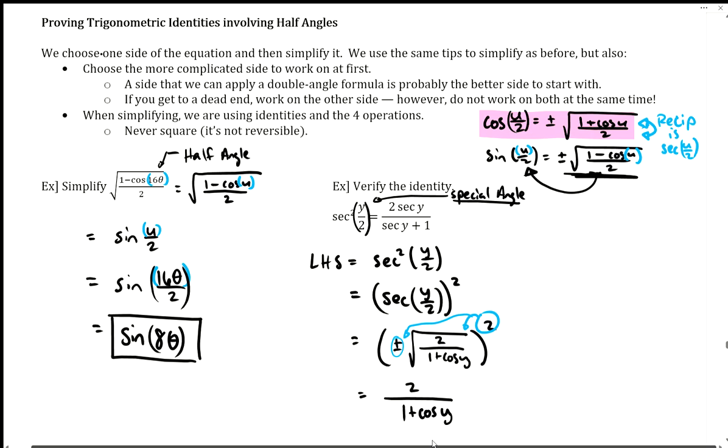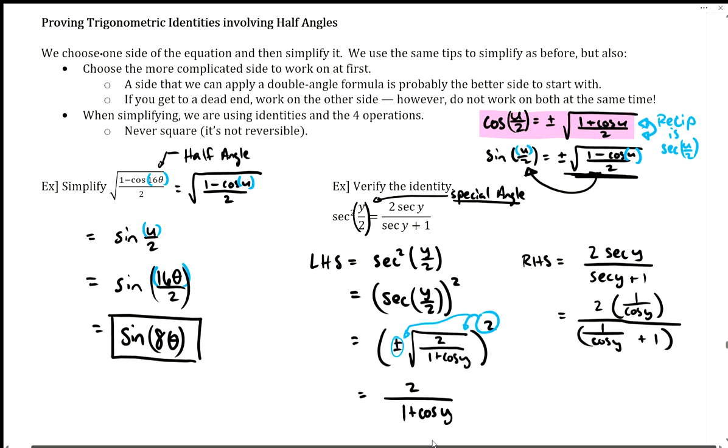Okay, so there's our left-hand side, and that's probably as far as we want to take it. Now let's see our right-hand side, which is 2 secant of y over secant of y plus 1. Let's use the reciprocal identities on these, where we would have 2 times 1 over cosine of y, over 1 over cosine of y, plus 1.